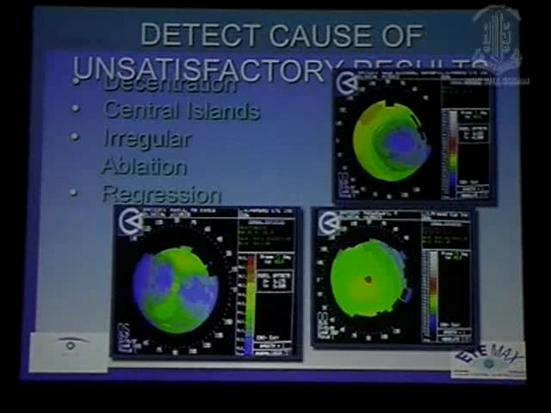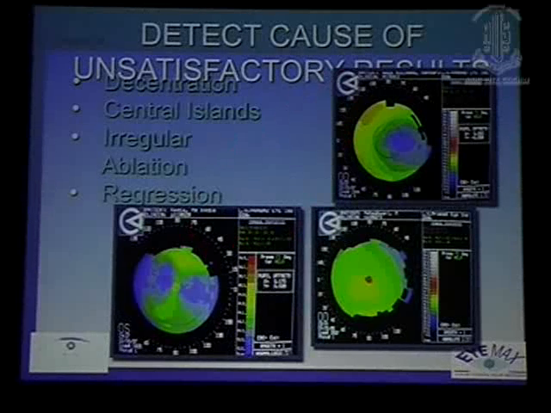Similarly, after refractive surgery, many times a patient comes with visual symptoms and vision not improving with glasses, and on slit lamp examination everything is normal, but if we do a topography, we'll find that the patient could have an eccentric ablation, or an irregular ablation, and previously we also used to see central islands, which could all be reasons for unsatisfactory vision, and each could be dealt with accordingly.